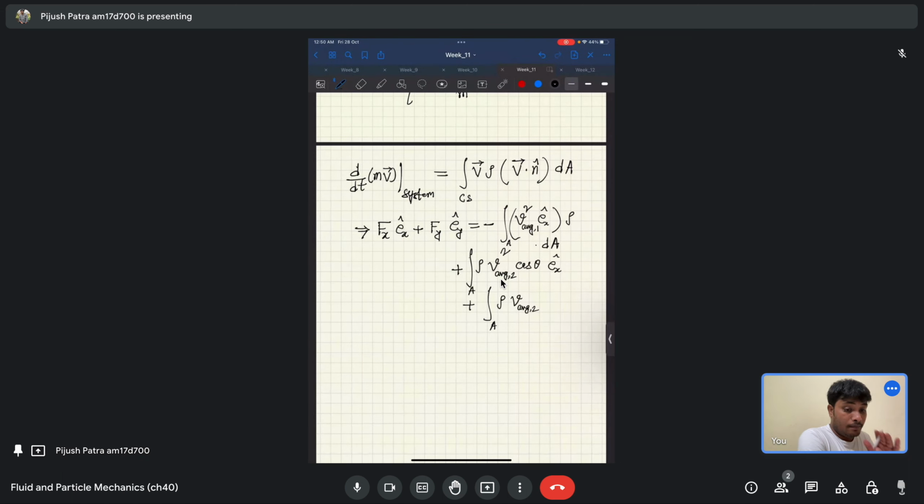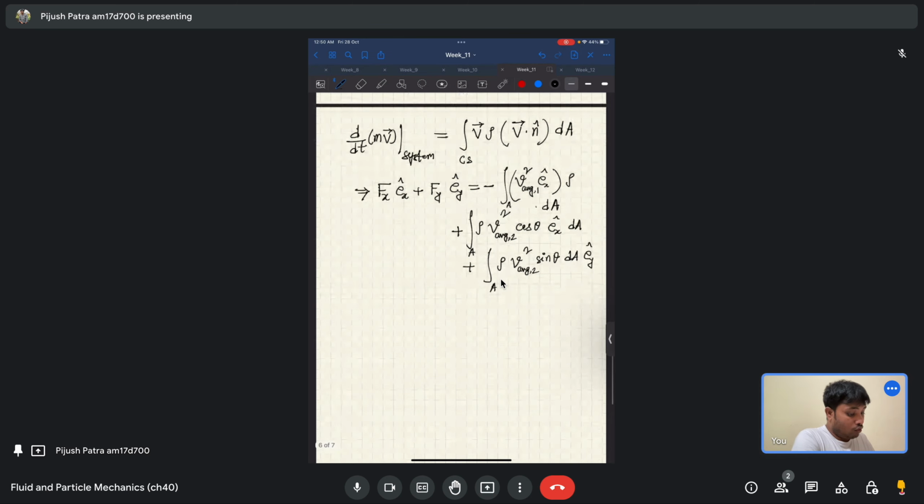Right now for the calculation we are neglecting the momentum correction factor, and later we have to multiply the momentum correction factor accordingly at the inlet and the outlet. So this is rho v2 square sin theta dA into ey cap.